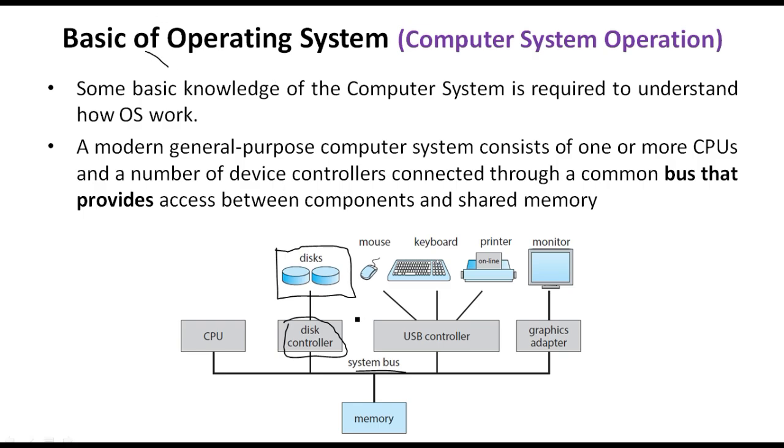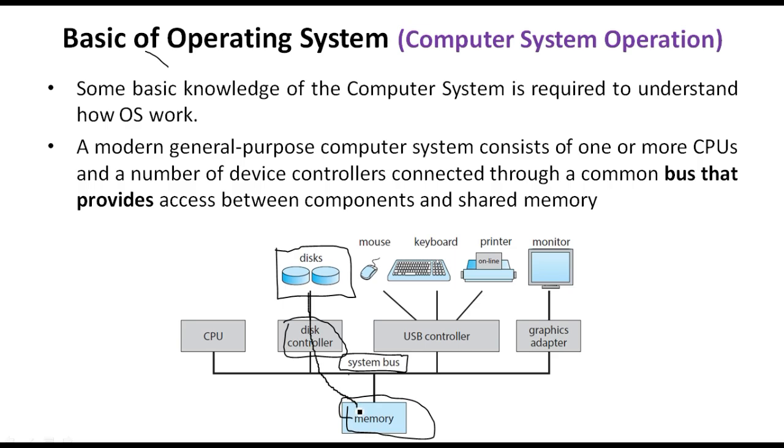This memory can be accessed by all the devices with the help of the memory controller, and with the help of the system bus you can send and retrieve data to the CPU. For example, the operating system is loaded into the memory.